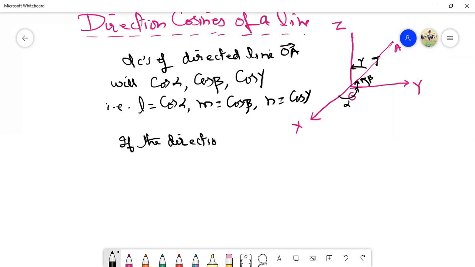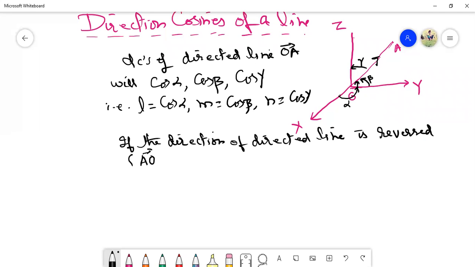If the direction of this directed line OA is reversed, that means it becomes the AO direction, then l will become cos of 180 minus alpha.